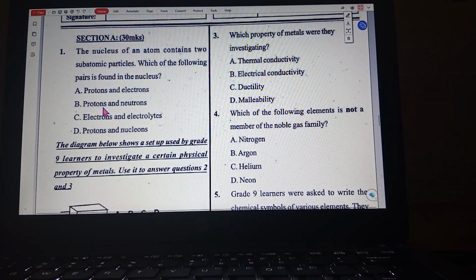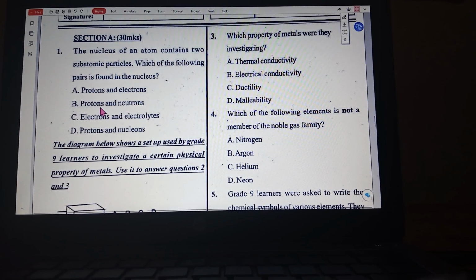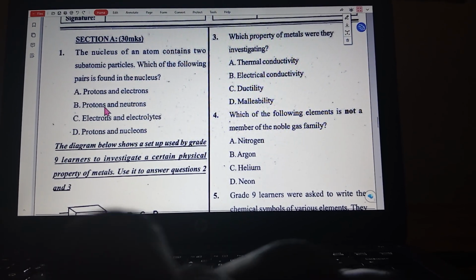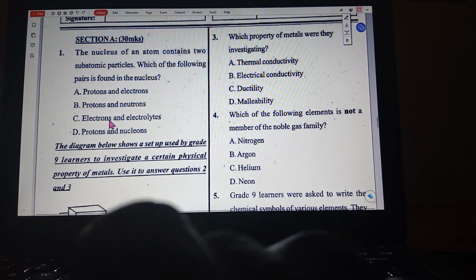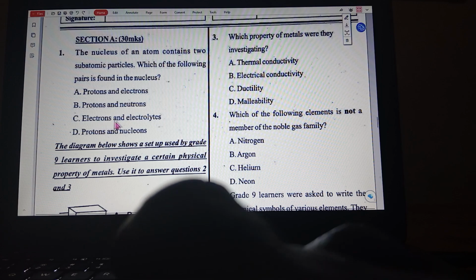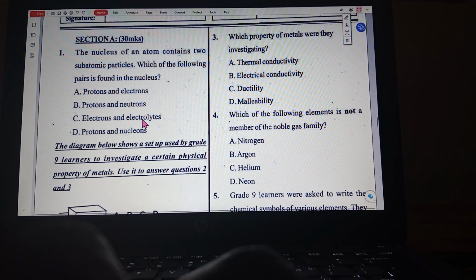Then option B. Are protons and neutrons found in the nucleus? The answer is yes. Protons and neutrons are found in the nucleus of an atom. So the answer for this case is B. But let's look at option C, electrons and electrolytes.